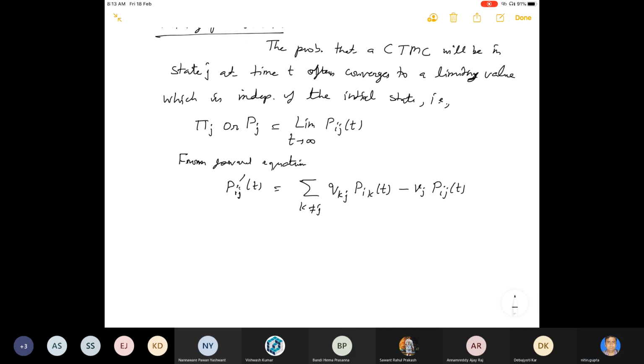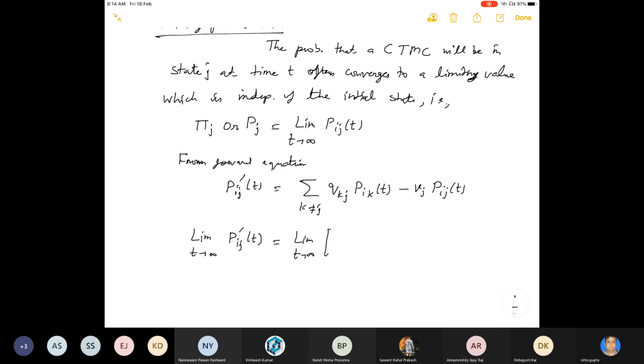So take the limit as t goes to infinity of Pij prime t.